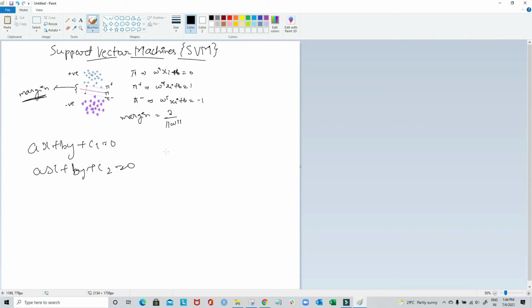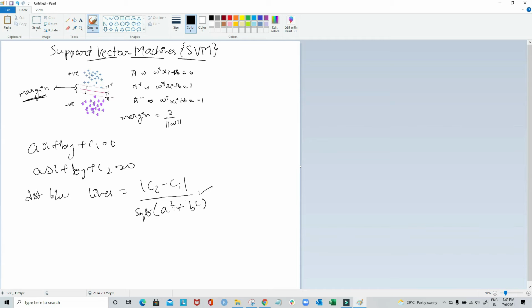Then the distance between lines can be found by the absolute value of c2 minus c1 by square root of a square plus b square. I'll attach a link for the derivation of this equation.